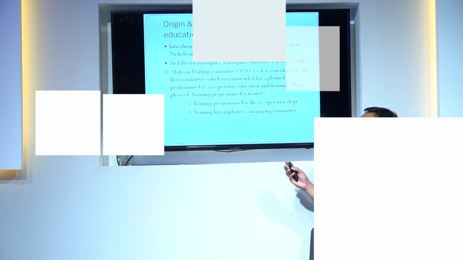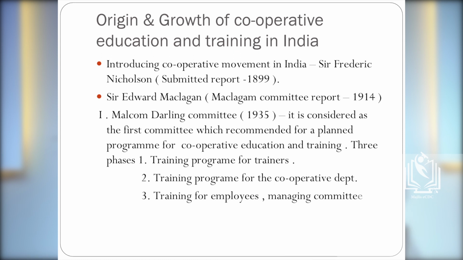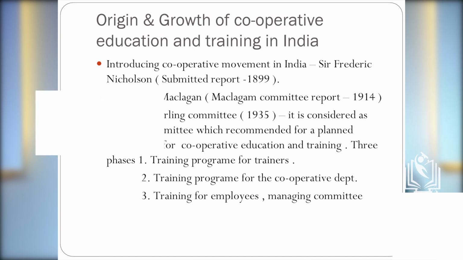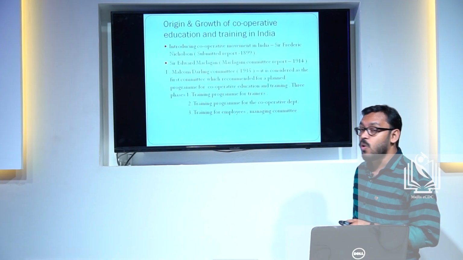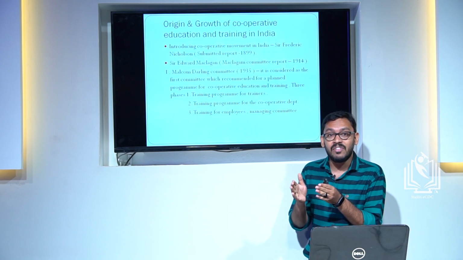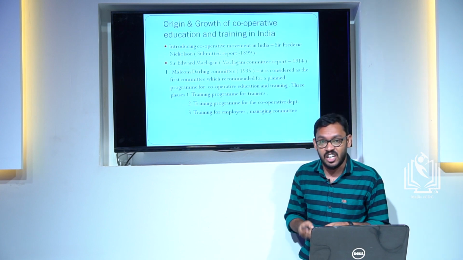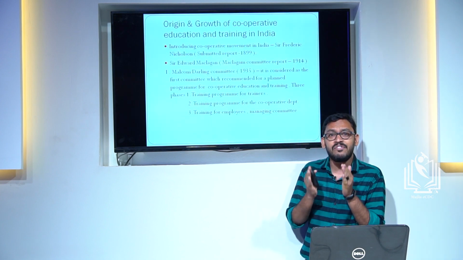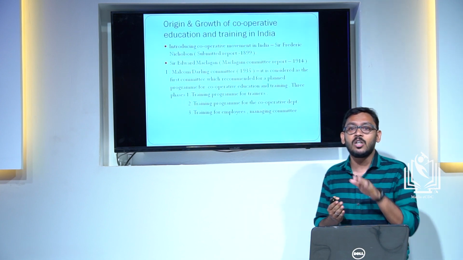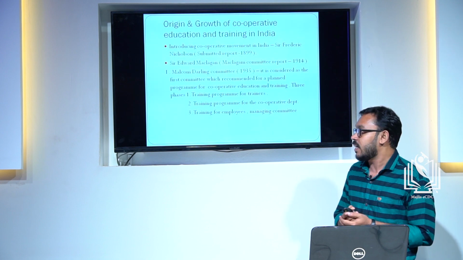Now we are going to discuss the origin and growth of cooperative education and training in India. In the introduction stage, in the year 1899, Mr. Frederick Nicholson, as per the Raiffeisen model, introduced the cooperative movement in India, but it focused only on the cooperative movement as a whole.